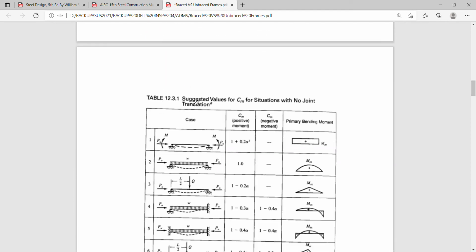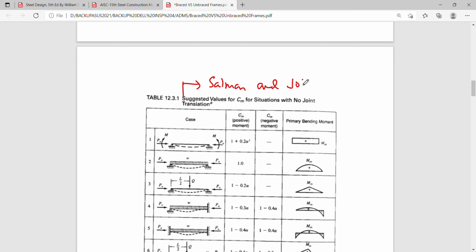So this is a suggested table coming from the book of Salmon and Johnson. Also recommended by the AISC somewhere in the appendix, no?